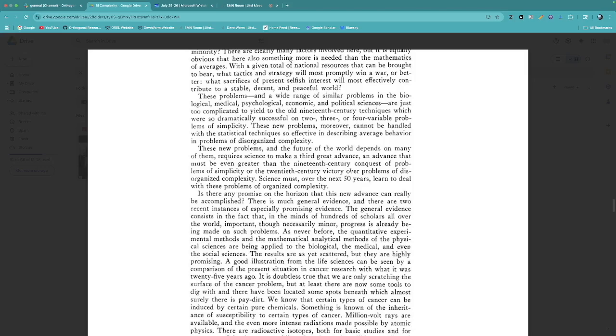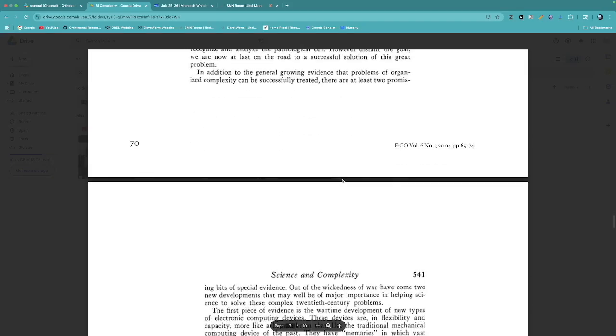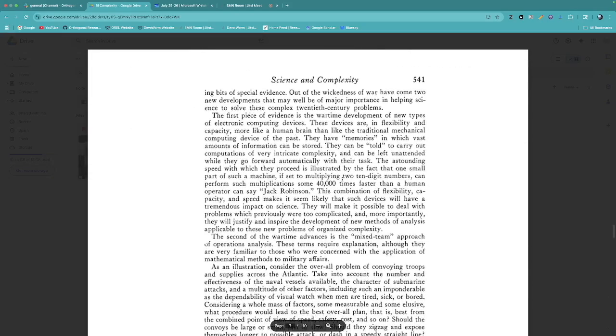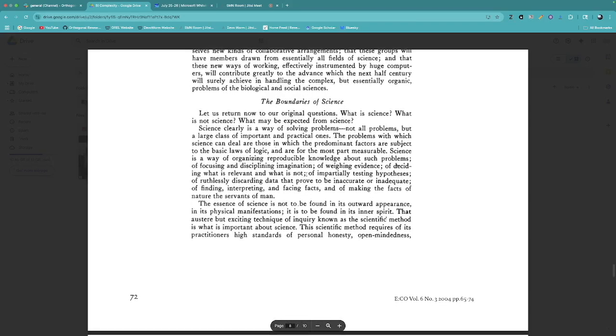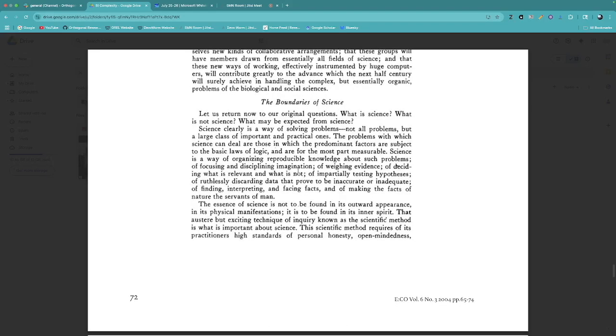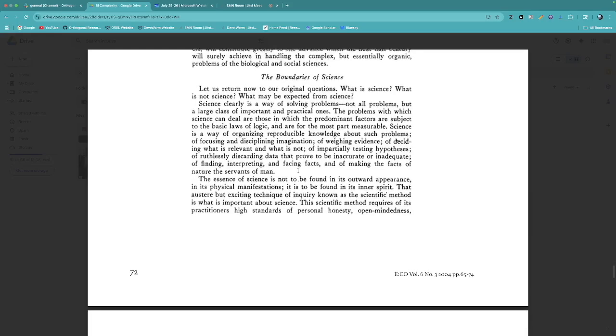I think there's a lot here. I didn't attend the group, but he does get into a lot of this sort of stuff, and then he gets into the philosophy of science more generally, looking at what science is and what science isn't.